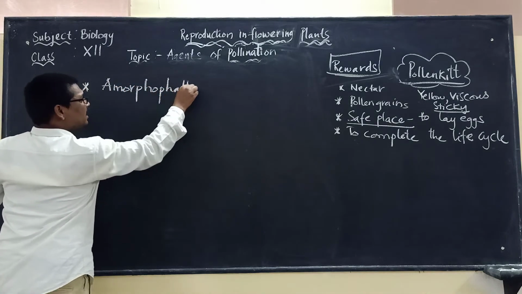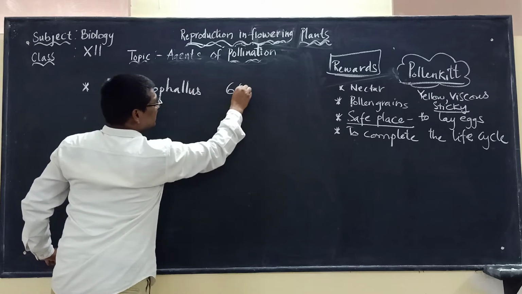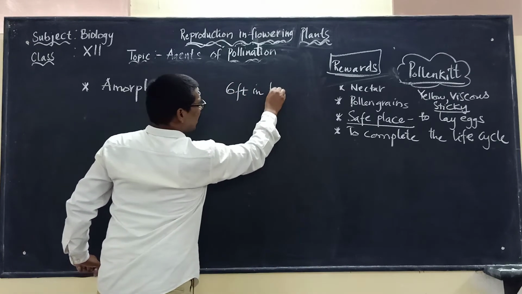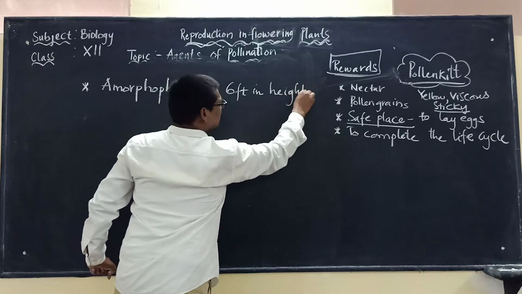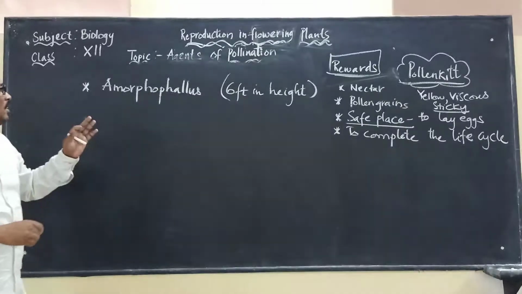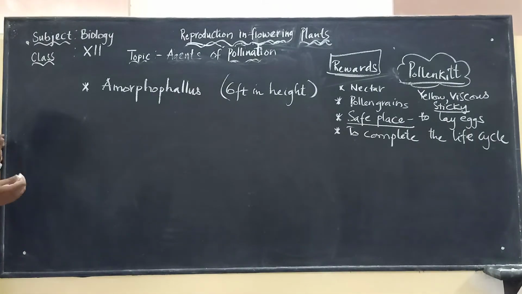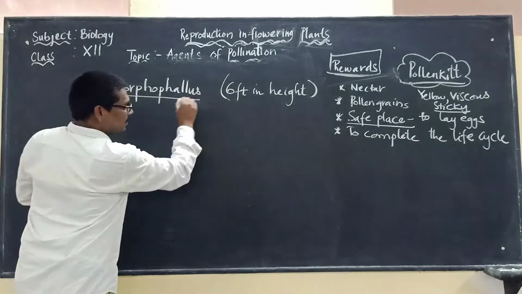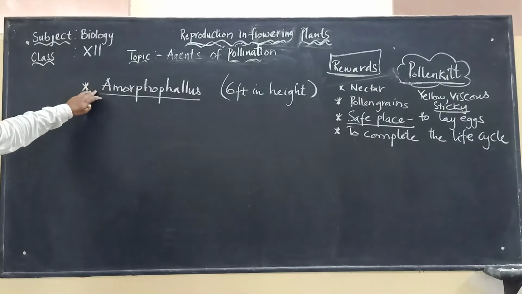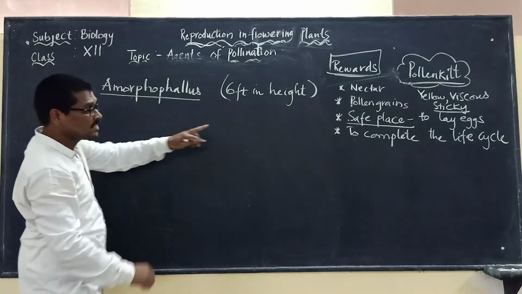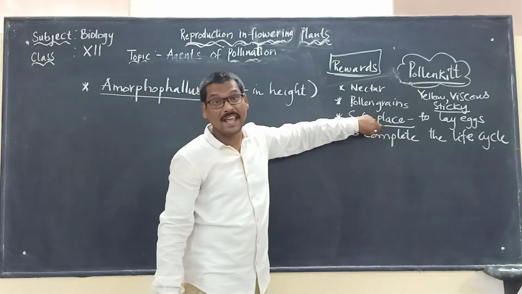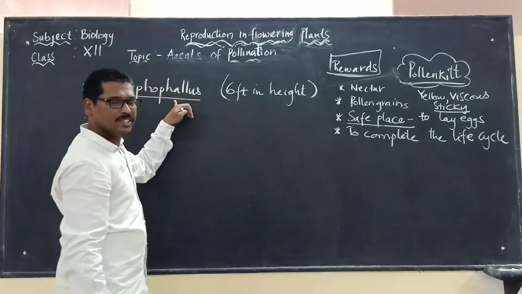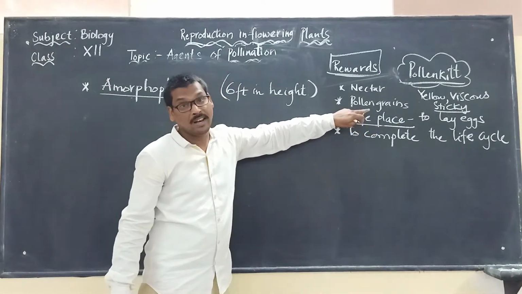This flower is about 6 feet in height, and a very good advantage for the insects is that they will be laying the eggs in this flower. It is the tallest flower we say, and it is a safe place to lay eggs.